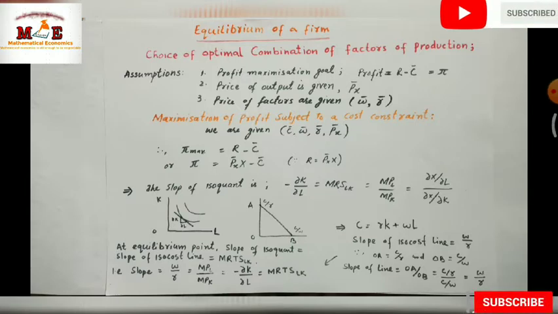First case is maximization of output subject to a given cost, and the second case is minimization of cost subject to a given level of output. In both cases, the producer must consider physical productivities and the prices of quantities of the two inputs, that is labor and capital.